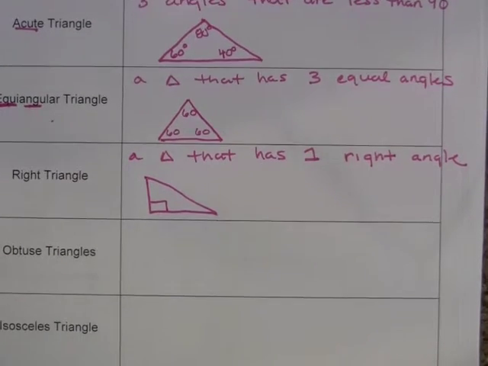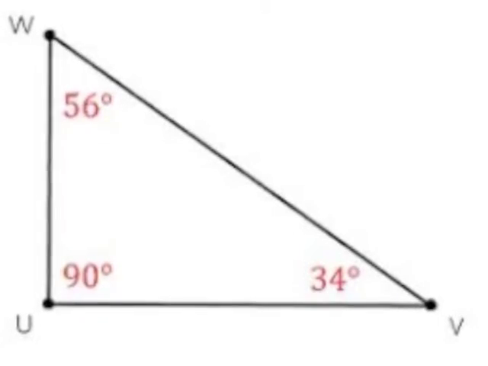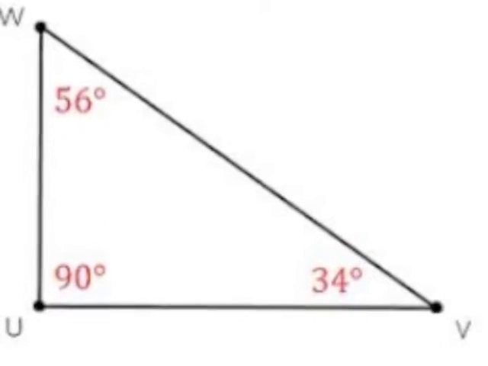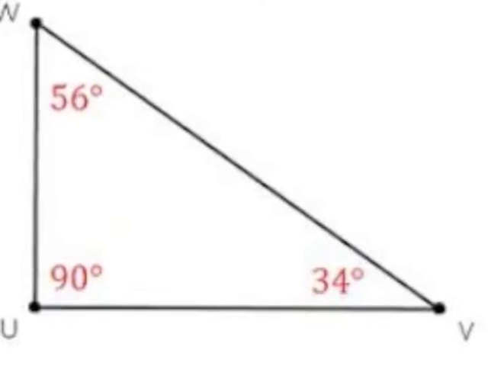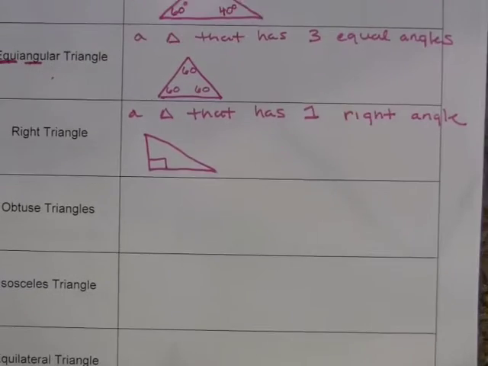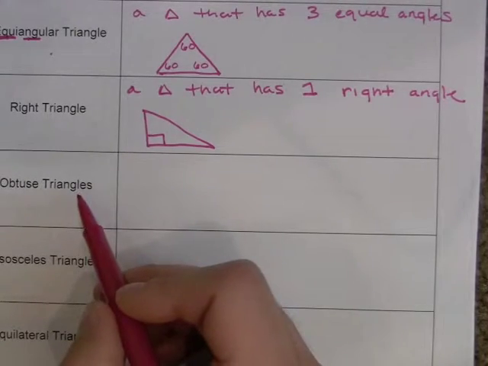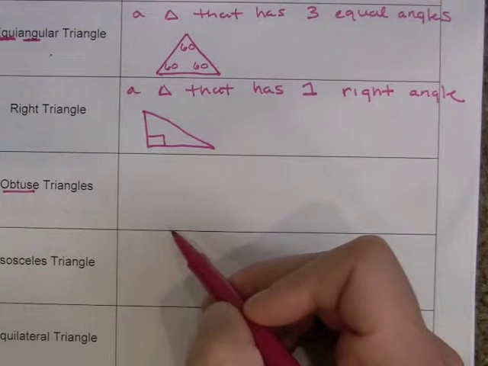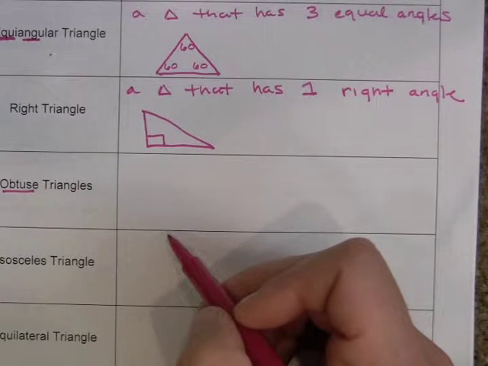And lastly, we have an obtuse triangle. Obtuse triangle, well, you probably guessed it by now, has an angle that measures more than 90 and less than 180. In other words, an obtuse angle in it.